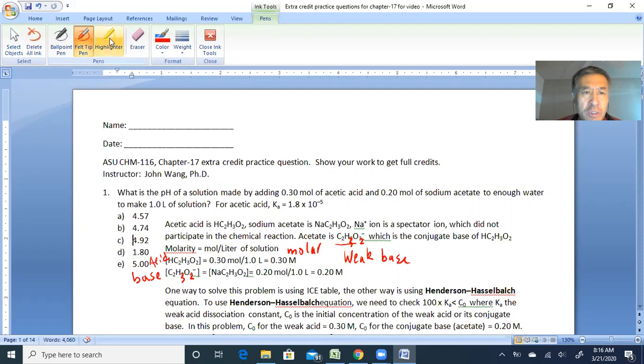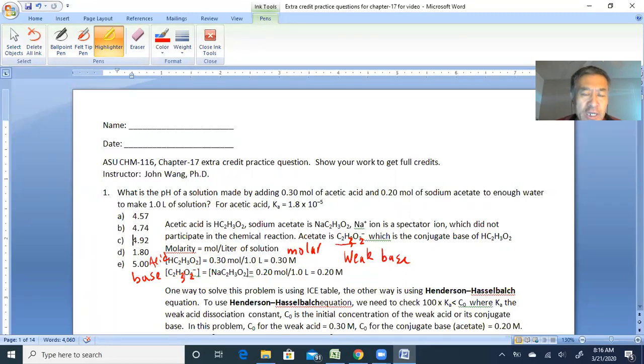Molarity should be moles over liters of solution. So the acid again is HC2H3O2. The angle bracket means molarity. So it equals moles over liter of solution, which equals 0.30 molar. Usually when you see the capital M, it means molar. The weak base is the C2H3O2 negative anion.